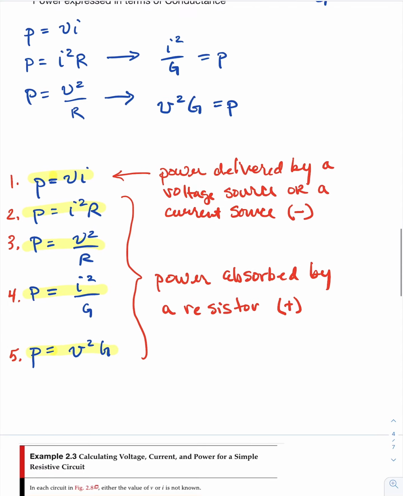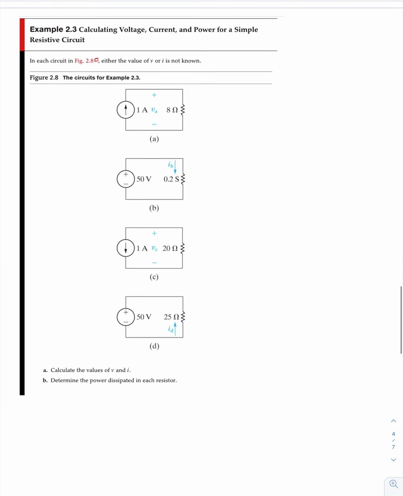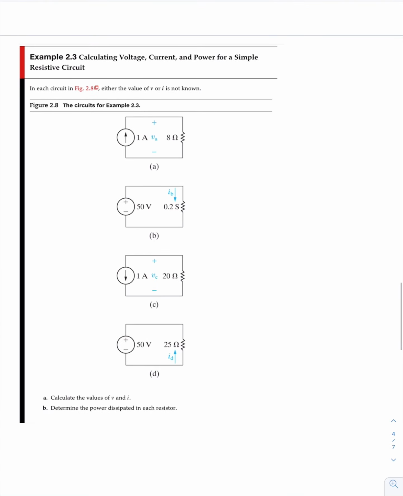All right, let's look at some examples. Okay, in each circuit, we will calculate the value of voltage and current.